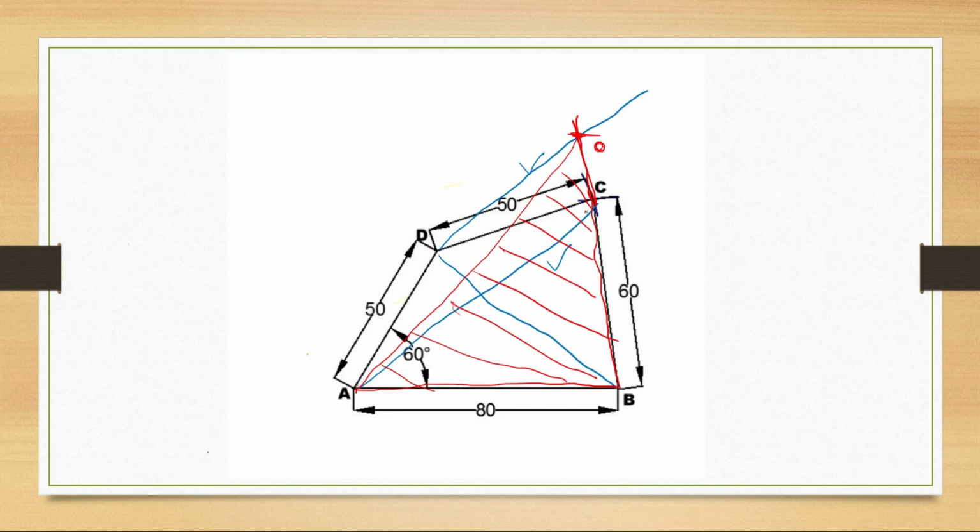This is our triangle of interest. So this triangle contains equal area to that of this quadrilateral. So this is called the graphical method.